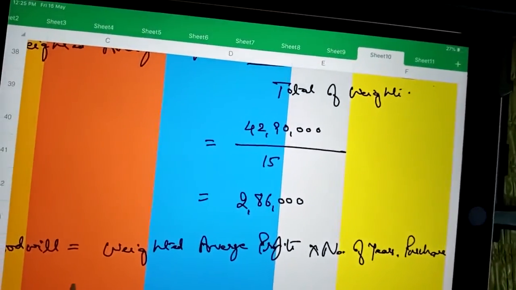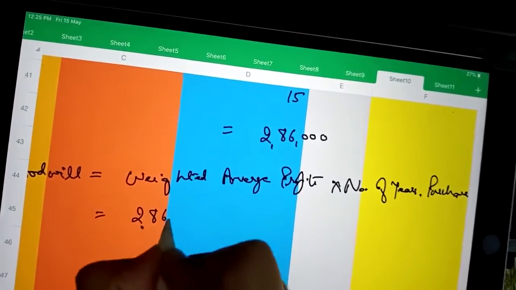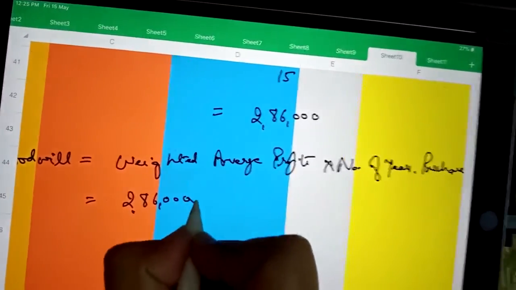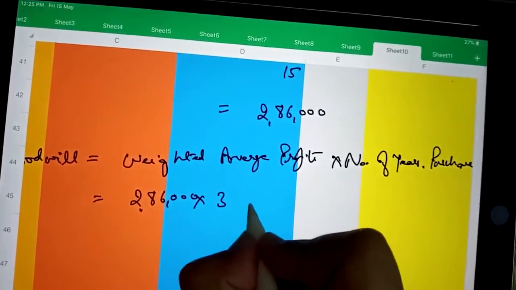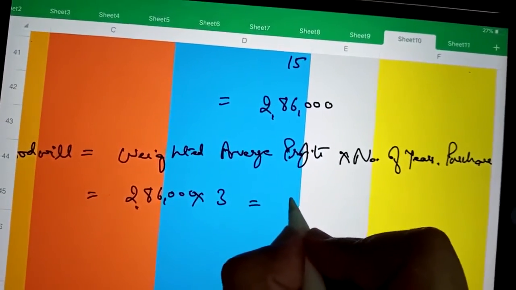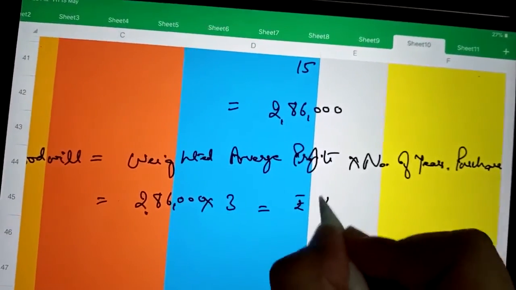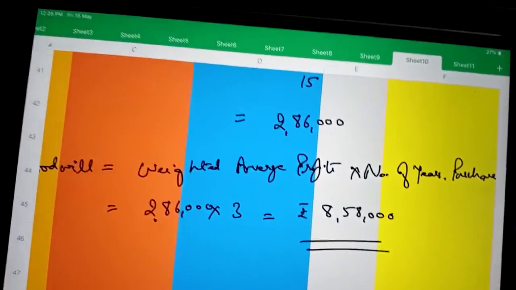So weighted average profits we have calculated 2,86,000, and the number of years purchase is given to us in the question, 3. So the goodwill is rupees 8,58,000. So this is the answer.